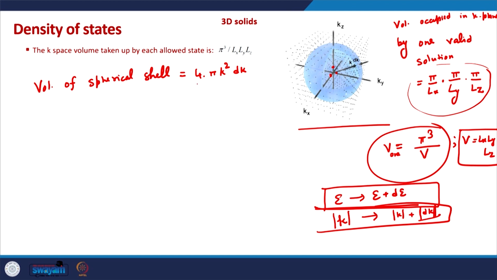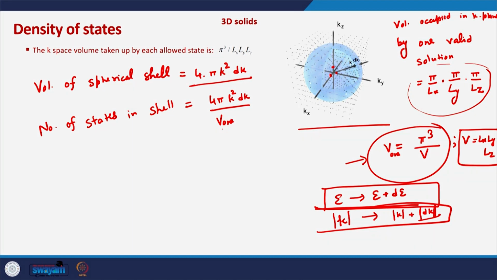So, the volume of the spherical shell is 4 pi k square dk and the volume of a single state is pi cube by V. So, the number of states in the spherical shell would be the volume of the spherical shell divided by the volume of one state, which is pi cube by V. So, this becomes 4 k square dk by pi square times V. So, these are the number of electronic states in energy range dE.